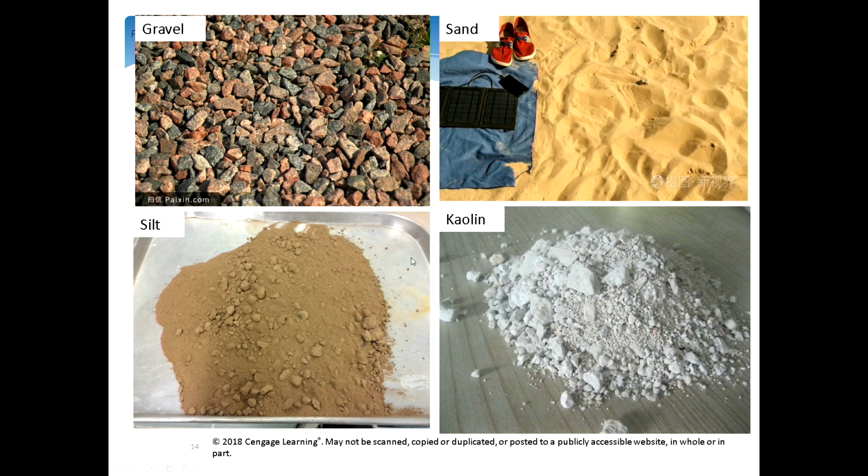Why? This is because silt and kaolin have fine particles, actually clay particles inside. For silt soil, it always contains about 20% clay inside. In here, when I say contain, it means the particle size fraction. For example, this is loess, a kind of silt soil.